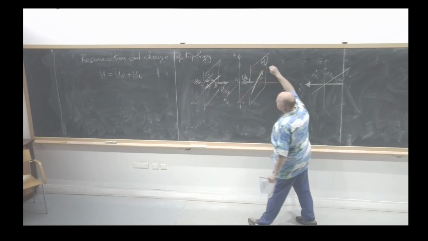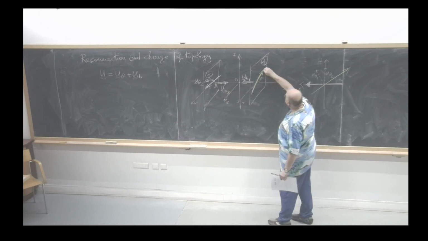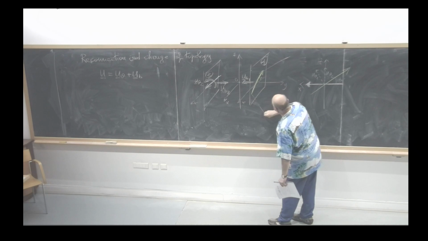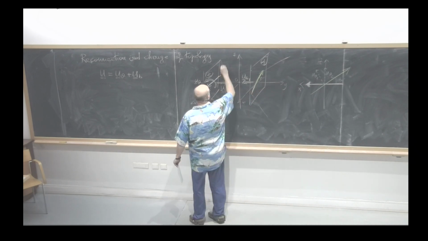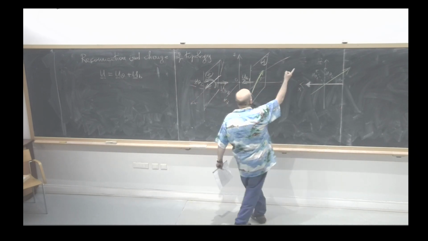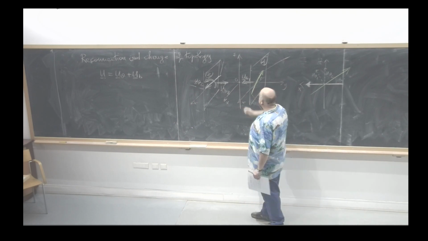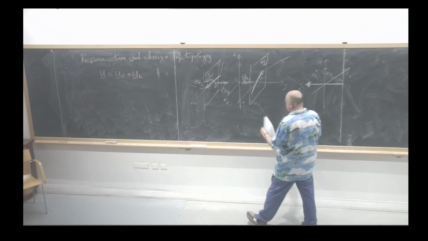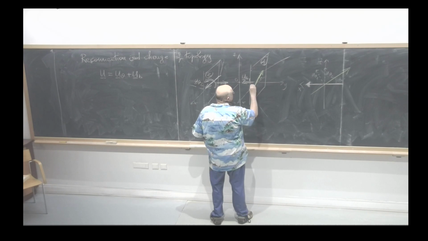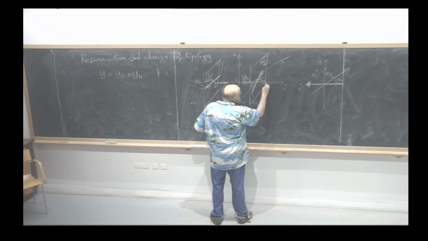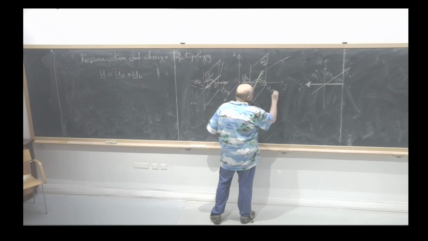Remember, this is a piecewise linear curve, so there is a segment and another segment, and here is another segment and another segment. So it is the curvature that comes out from this piecewise linear approach that gives you this UB.